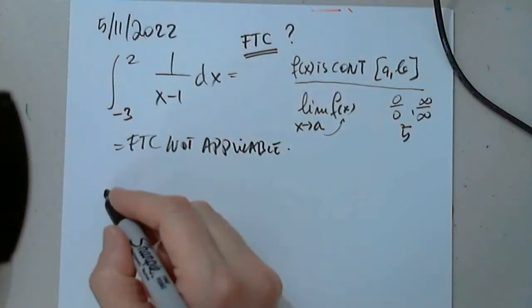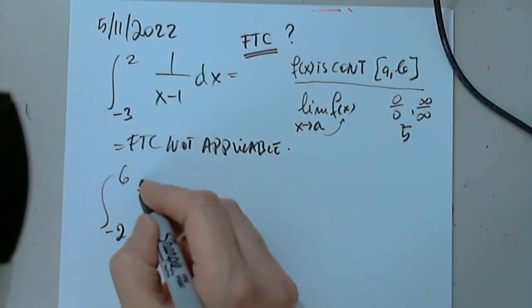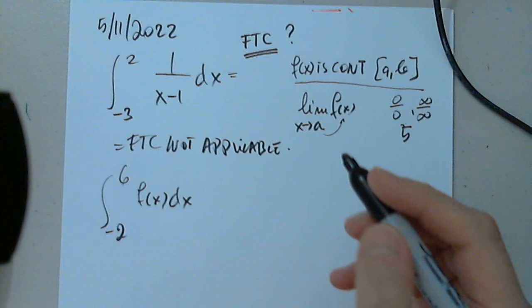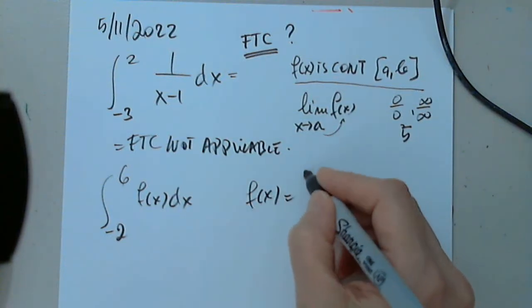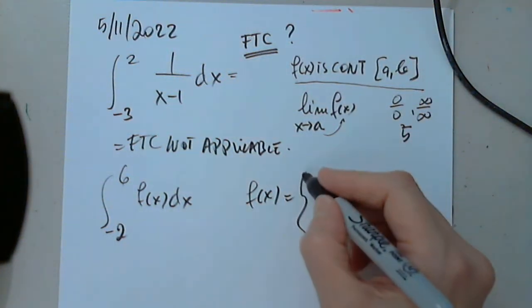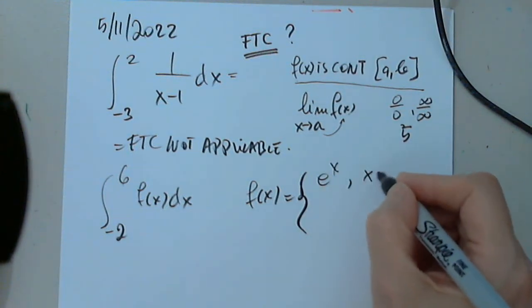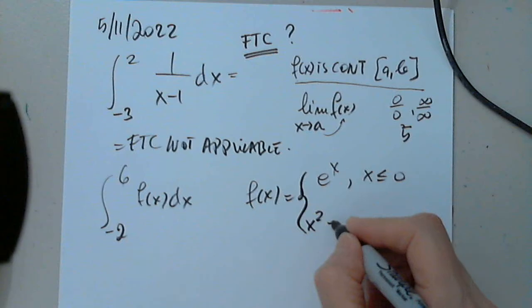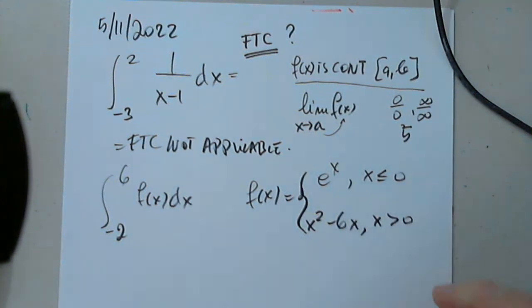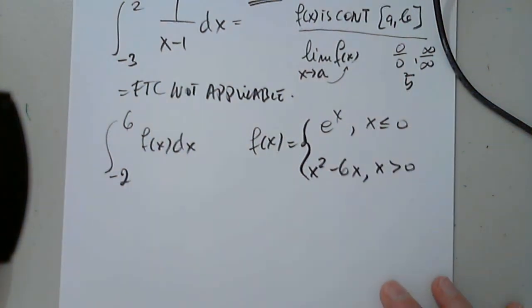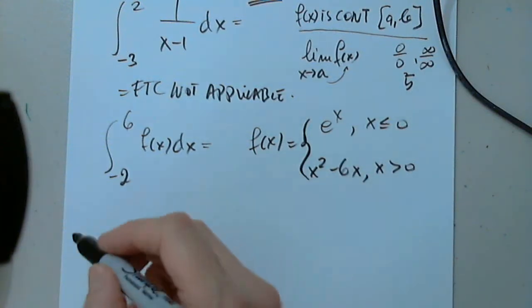The next one is an integral from -2 to 6 of f of x dx. But we are given the function, it's a piecewise defined function. It is e to the x for x less than or equal to 0, and x squared minus 6x for x greater than 0. And we learned that there is a property of the definite integral.